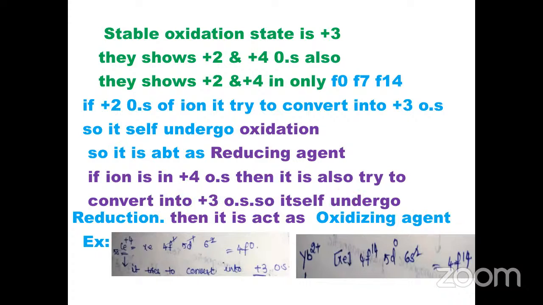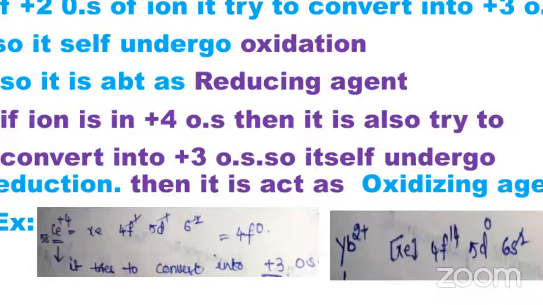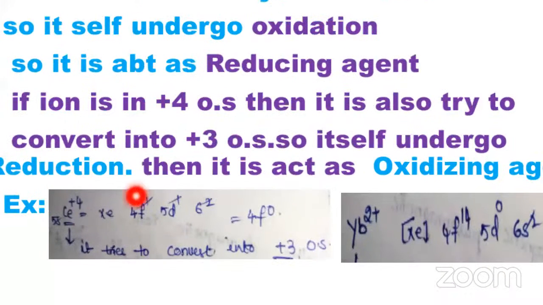For example, cerium. If it loses 4 electrons from 4f1 5d1 6s2, then it has 4f0. So cerium in the +4 oxidation state tries to convert into the +3 oxidation state. When it converts from +4 to +3, it undergoes reduction, which means it is an oxidizing agent.